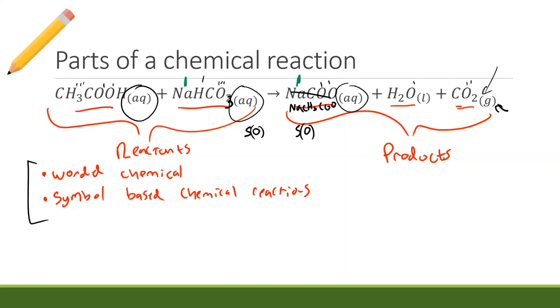Now, you should be aware that stuff like carbon dioxide, hydrogen gas, helium gas, oxygen gas, these are all gases, so therefore they're probably going to be Gs. The only liquid that we deal with is water. And sometimes we will talk about solids being made, so I'll have an S for solid, but I'll let you know when a solid precipitate is going to be formed.